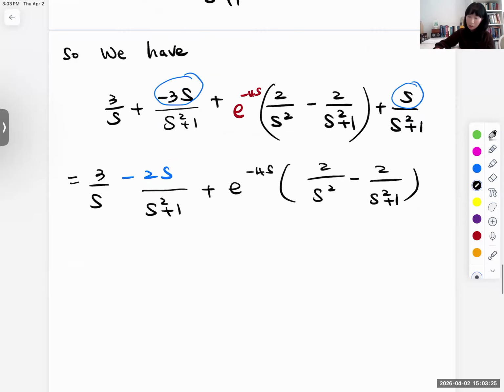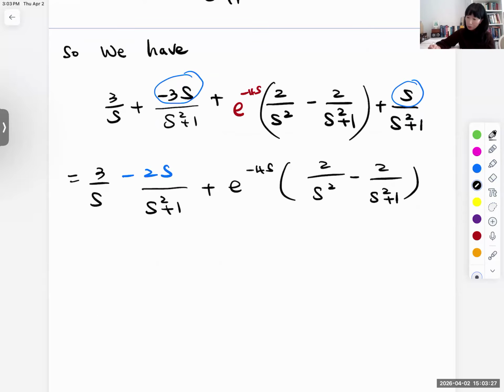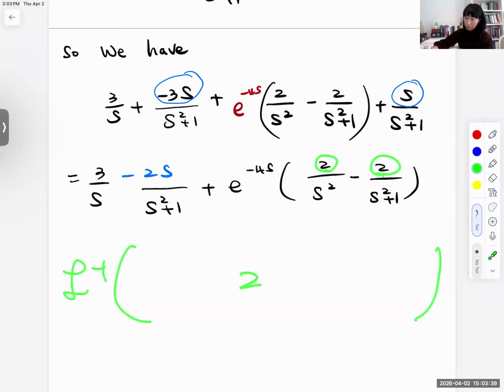Okay, so let us do that. So all together, we take the inverse Laplace of everything. And then let's take a look. There is a common factor 2, so we take out the 2, right?